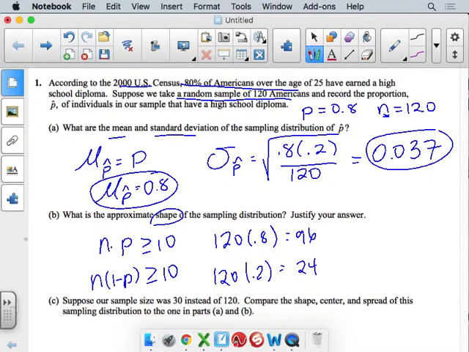So greater than 10, so that would be normal. So the shape of the hypothetical all possible samples of 120 from America has a normal distribution. Hypothetically, all the possible samples of 120 would have a normal distribution centered around 80%, standard deviation 3%.